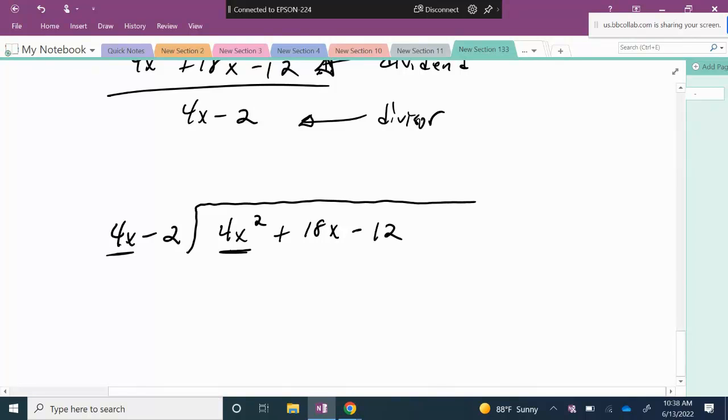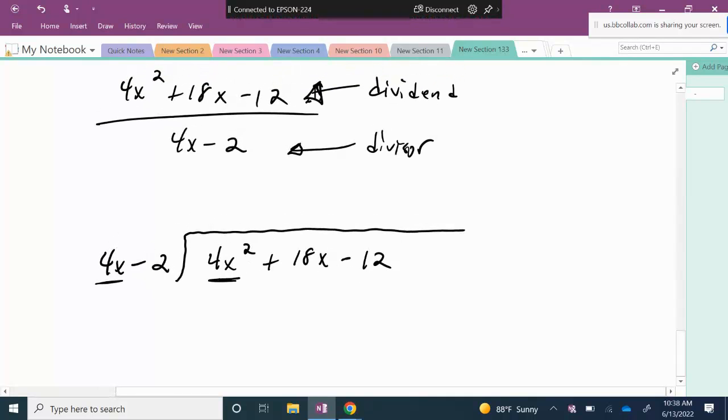Now we're always going to make the first term match up. Whatever happens with the second or third terms, it just happens, and we'll take care of that on the next iteration of division. So what would you need to multiply 4x by to get 4x squared? You would multiply by x.